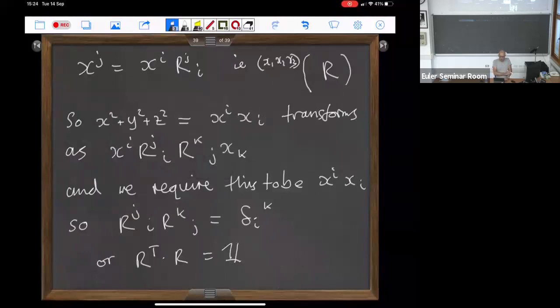Similarly, the transformation of the row vector: the row vector is just the transpose of the column vector.